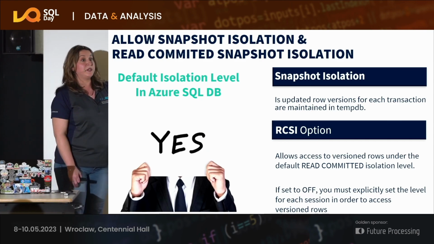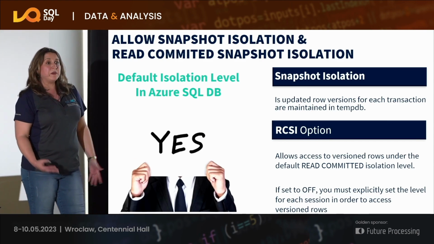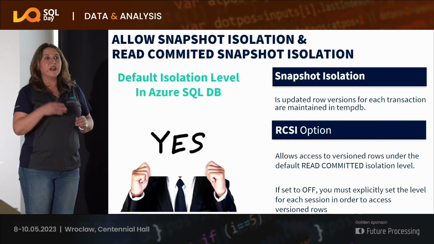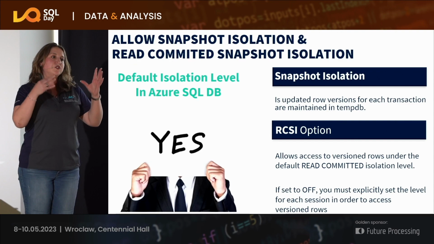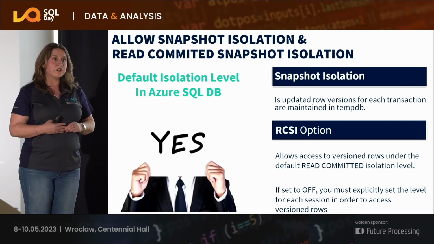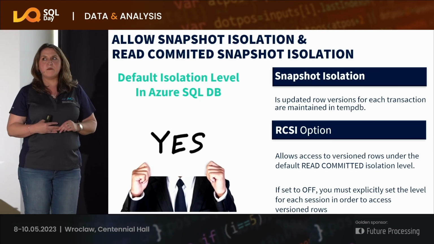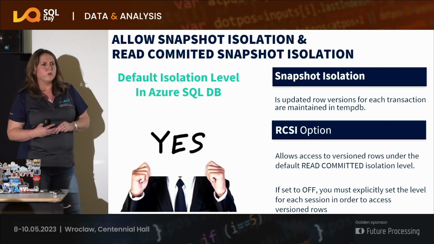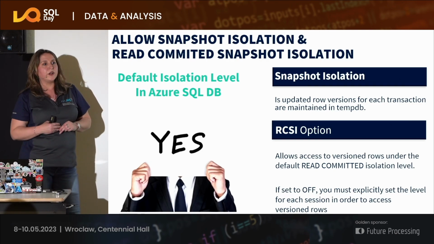You need right-sized Tempdb. So you can keep an eye on how many transactions you've got going through. You can keep an eye on the size of your version store and grow accordingly, making sure your Tempdb is set up correctly first before you turn on RCSI is the way to go. I believe when you turn on RCSI, you may end up having to go into single user mode in order to put it on.